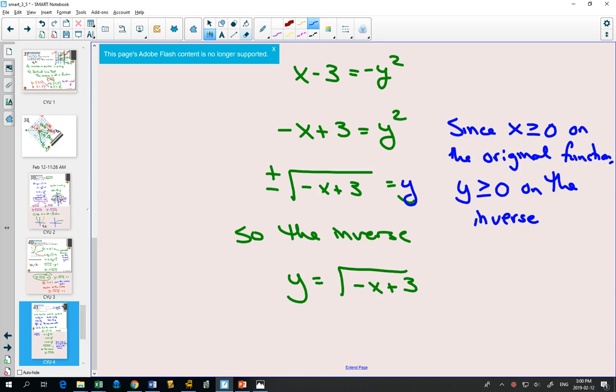That should just be y, right, because I square rooted both sides. Does that match up with what they have? They have the square root of 3 minus x. We have the square root of minus x plus 3. Are they the same? Yes.